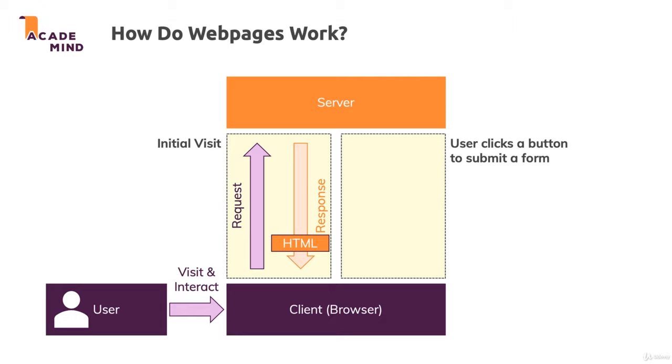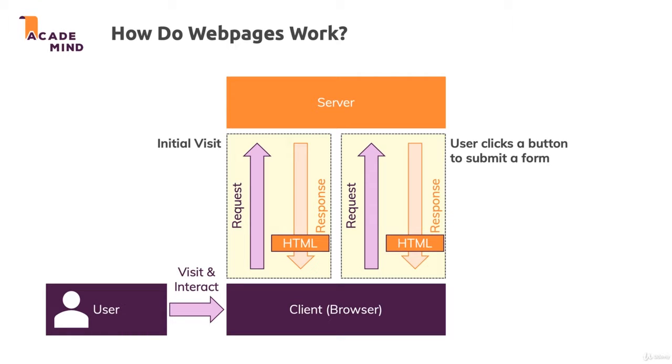Now this will then trigger a new request which is sent by the browser to the server to send this form submission to the server, and the server will handle that incoming request, maybe store some order data in a database, and once it's done, it will reply back with a new response, with a new HTML document which is sent back to the client, maybe the order confirmation page. So this is how we interact with the web. This is how web pages traditionally work.